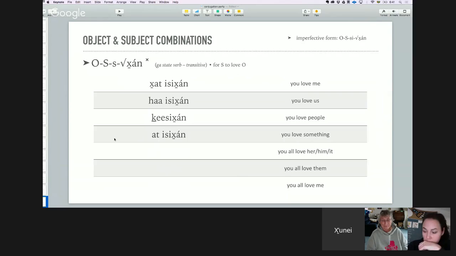Hasank. Y'all love her, him, it. Yisachan. So ye is the object, ye is the subject. It looks different when you throw the perfective on, then you get the ye thing, Y-E-E-Y. Just in the imperfective, you're going to get ye. Kawuch, y'all love them.